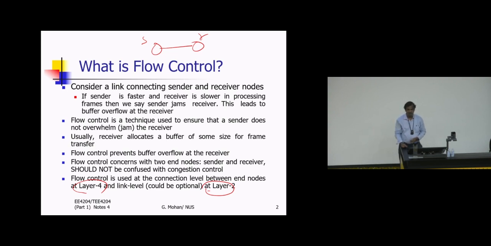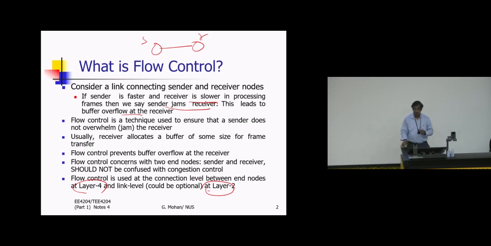Similarly, here bandwidth may be adequate, but if the sender is faster and the receiver is slower in processing those frames, then the sender jams or overwhelms the receiver. This would lead to buffer overflow at the receiver. The receiver keeps a certain amount of buffer to handle this problem, but it may so happen that the buffer can overflow, and in that case, the frames need to be dropped.